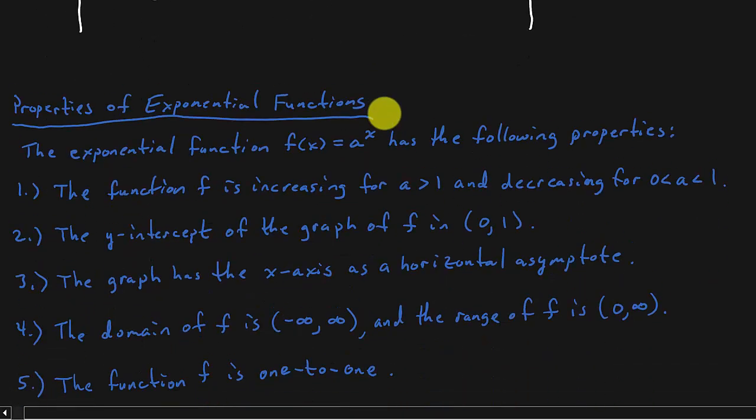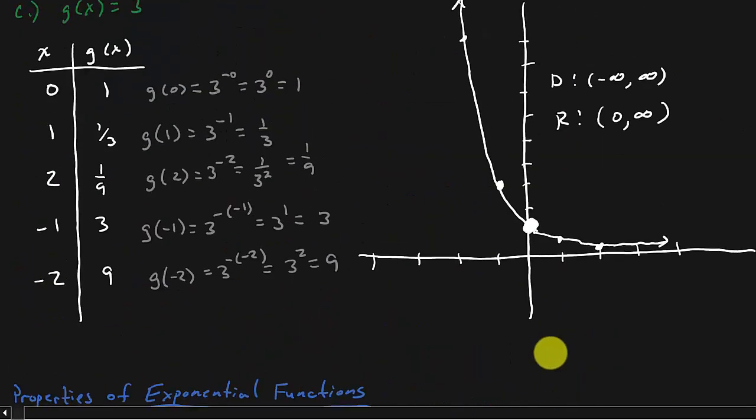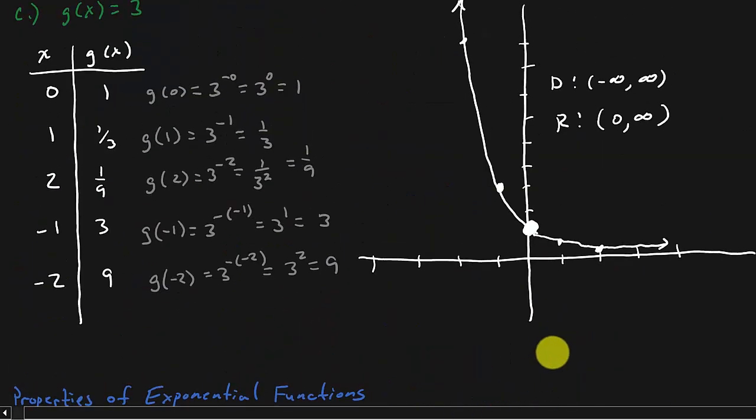Okay. The graph has the x-axis as a horizontal asymptote. So what that means, horizontal asymptote, that's a horizontal line that the graph is not going to cross. And you can see this right here, the x-axis, that's your horizontal asymptote. It gets close to it, but it's never going to touch it or cross it.